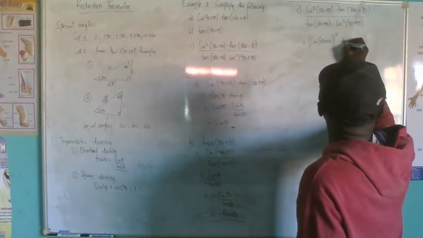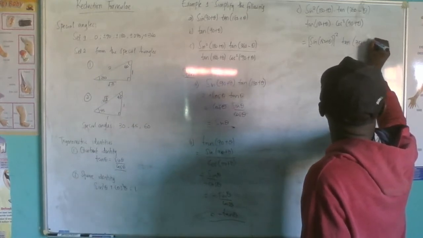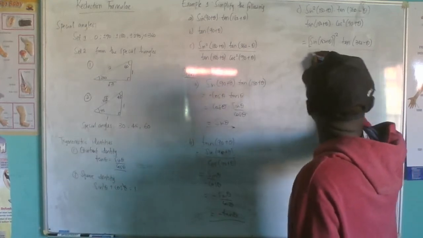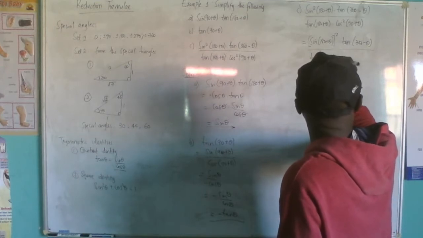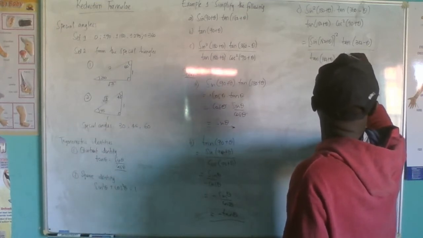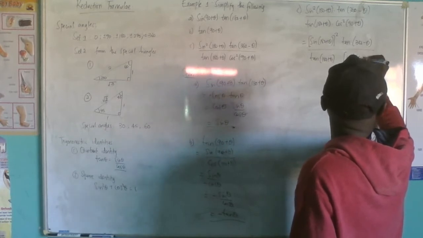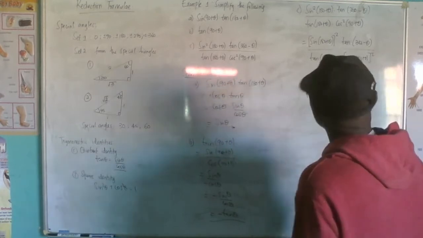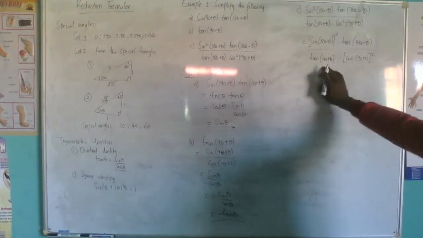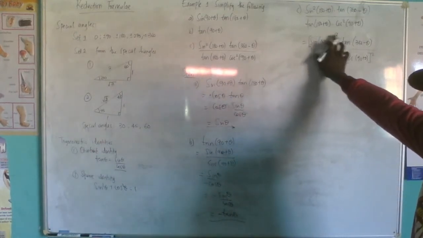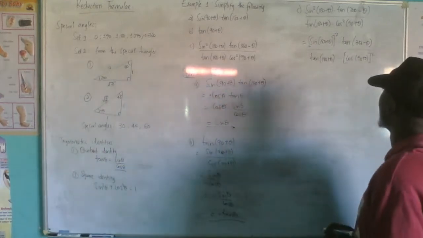So I have sine of 180 plus theta, all squared, times tan of 360 minus theta, over cos of 90 plus theta, all squared. I've taken the exponents out for those trig functions with exponents, and I left the other ones the same.